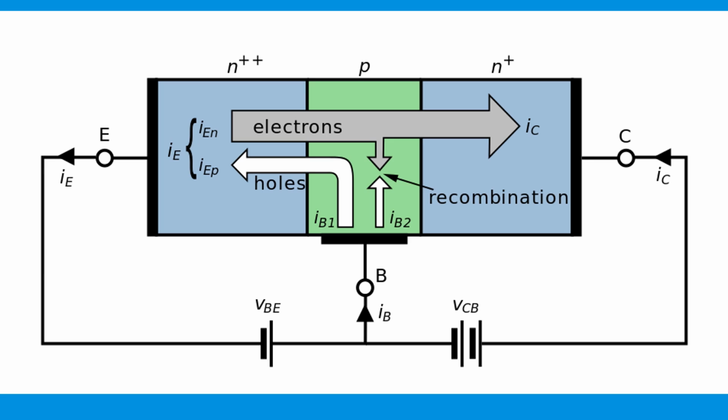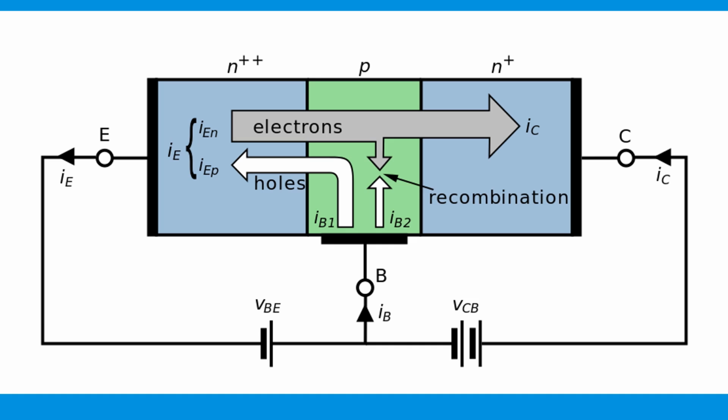In an NPN transistor, where positive bias is applied to the base-emitter junction, the equilibrium is disturbed between the thermally generated carriers and the repelling electric field of the n-doped emitter depletion region. This allows thermally excited electrons to inject from the emitter into the base region.